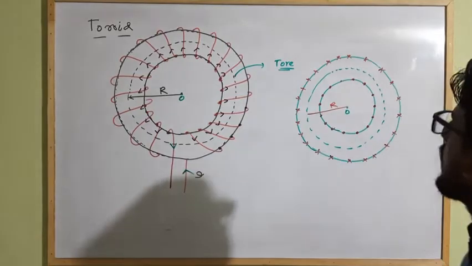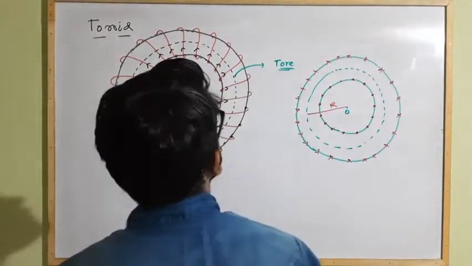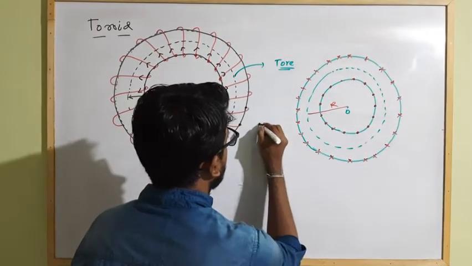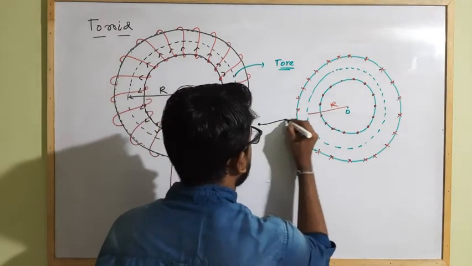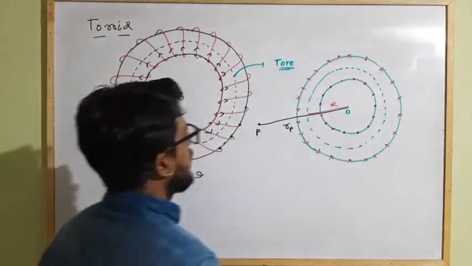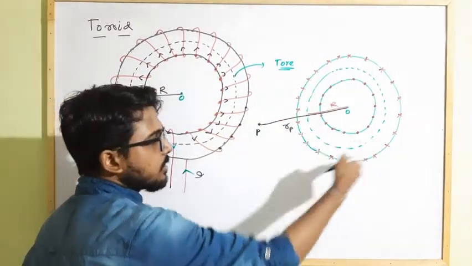So for this we have to calculate what? The magnetic field strength at different positions. So first let a position here be the point P, at a distance Rp from the center of the toroid. We have to find out the magnetic field strength at this point P due to this toroid.